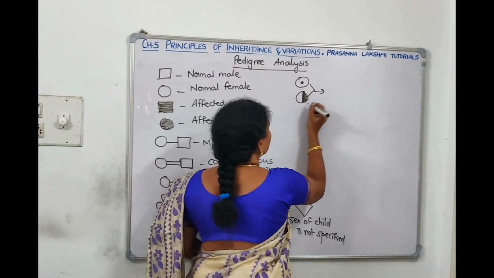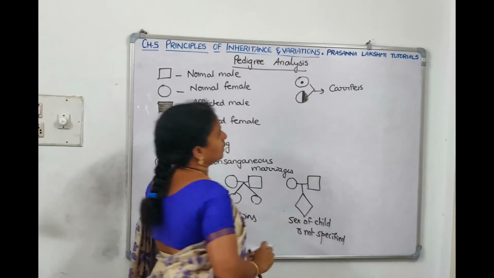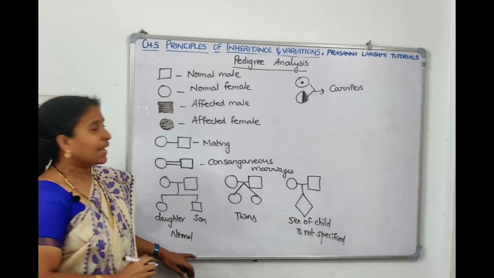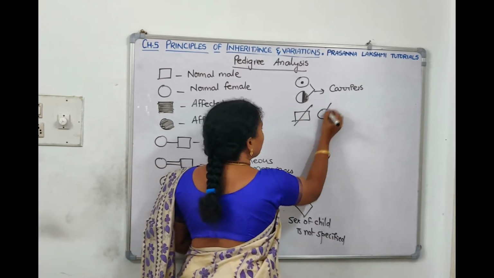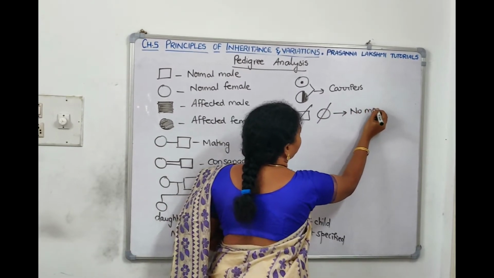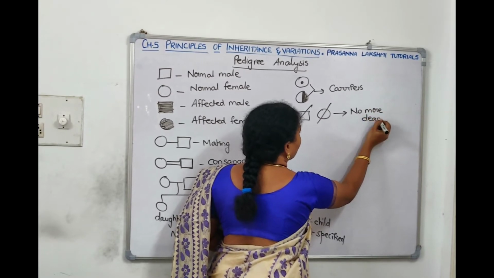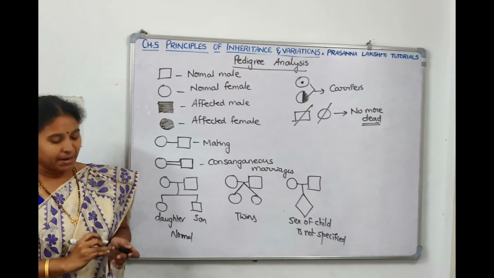Both the symbols denote they are carriers of the disease. If they symbolize like this, they are deceased, they are no more, they are dead. So these are the symbols we use for drawing the pedigree charts.